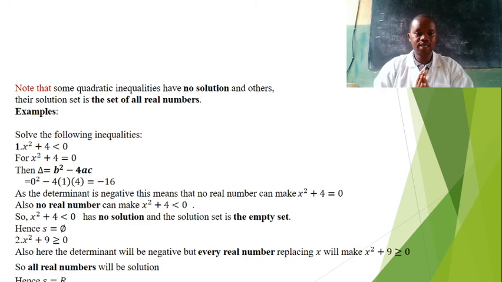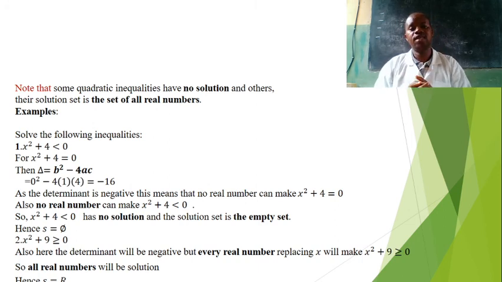In this case, we think that if we replace x by any value, that number squared will always be positive if it is a real number. And when added to 4, it will continue to be positive.